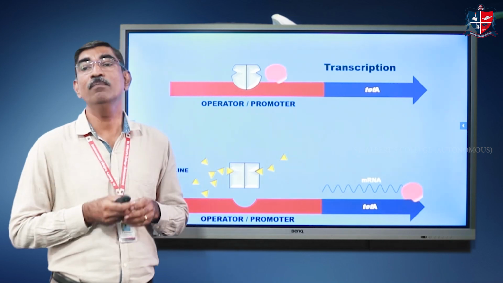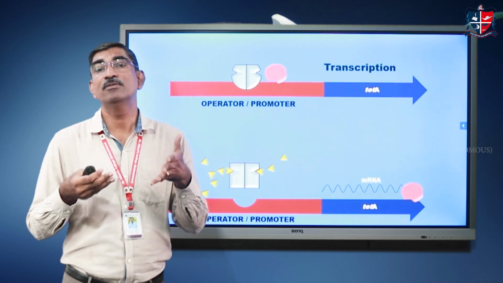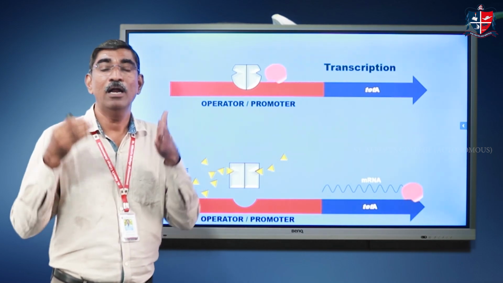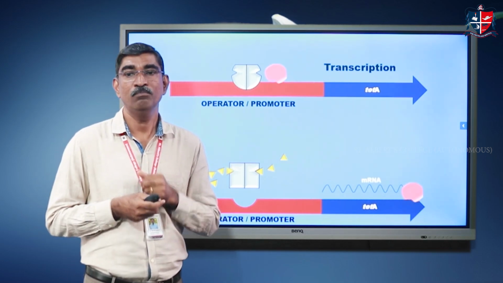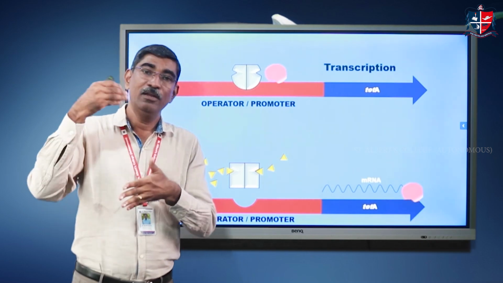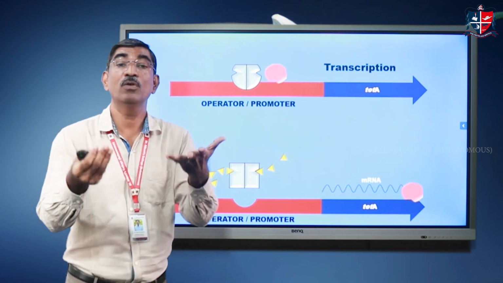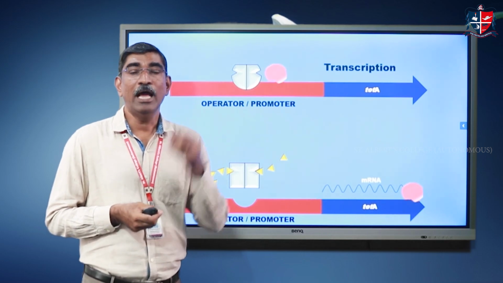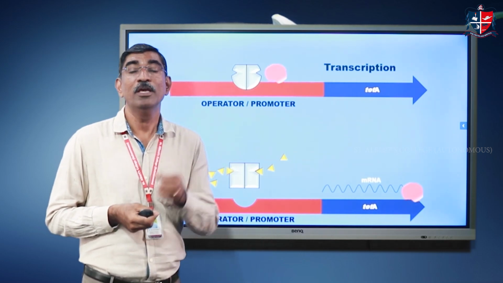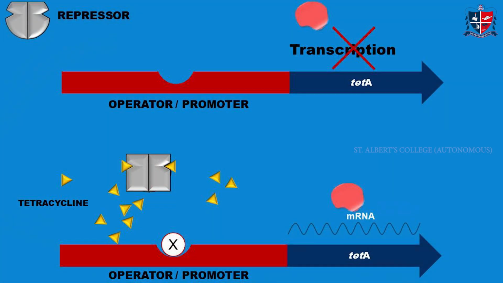An expression system is a module with which we can regulate the expression of our gene of interest. We can upregulate, we can downregulate, we can inhibit, or we can switch on the gene. Various possibilities are there with the expression systems. And the tetracycline expression system is a very important tool in recombinant DNA technology or genetic engineering.